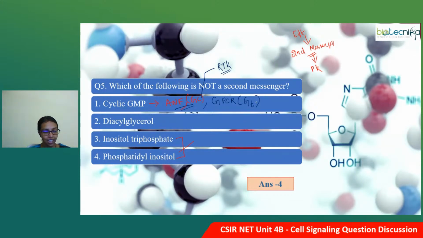Okay, very good. Now, what about diacylglycerol? And this is your IP3, right? So this is your DAG. What about these two? IP3 and DAG act as second messengers where? In which signaling pathway?